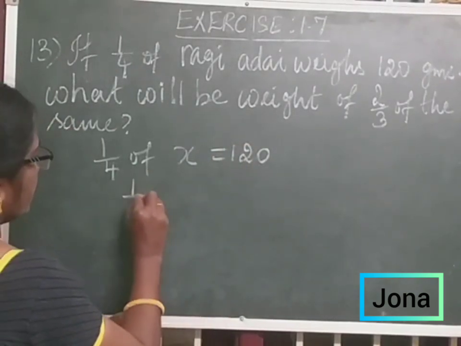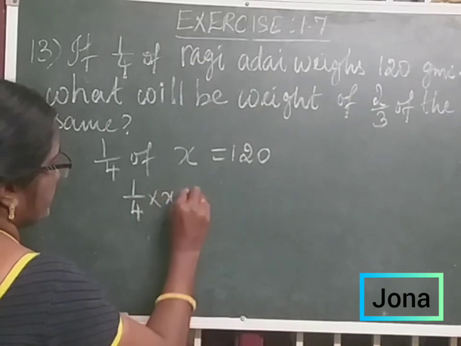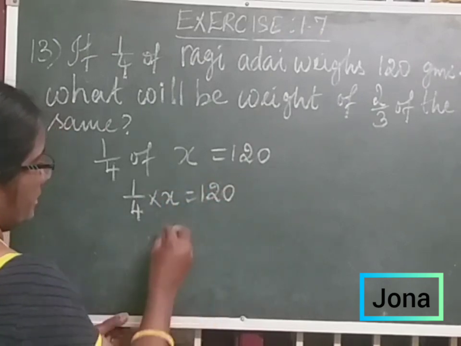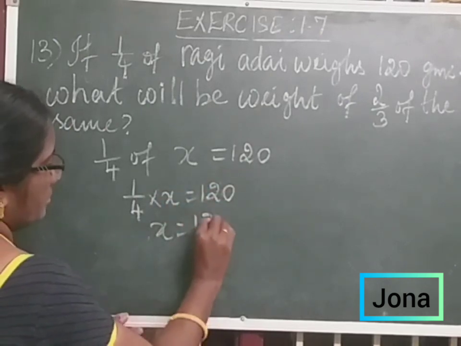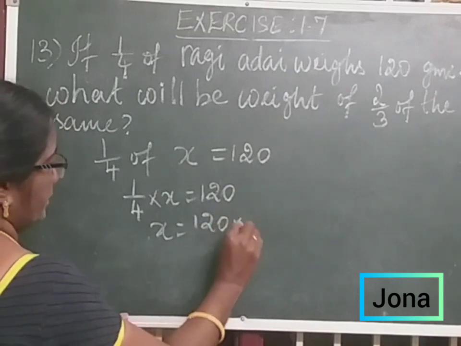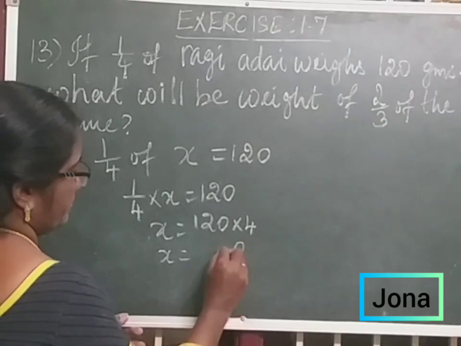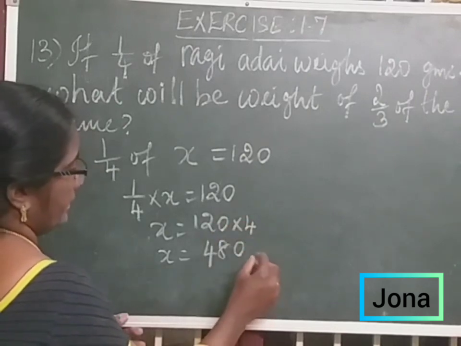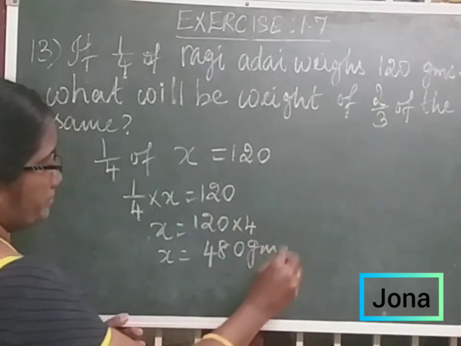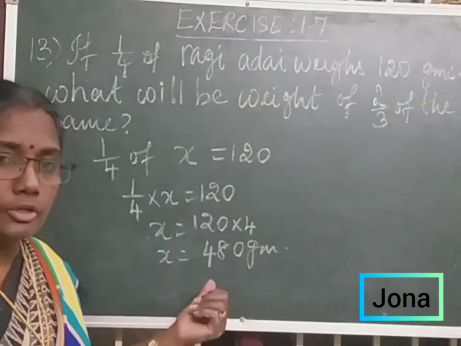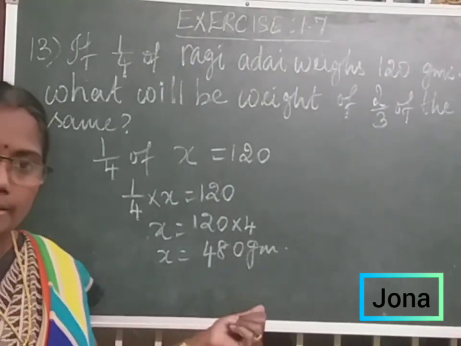So I can take this as 1/4 into x equal to 120. So x equals 120 into 4, which is equal to 480 grams. So the weight of the full ragi adai is 480 grams.